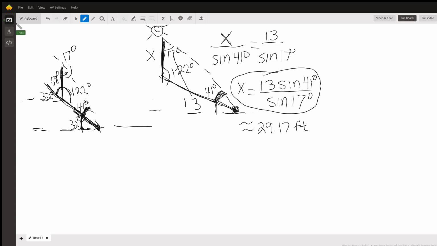Inside this triangle, part of it gets cut off by this hill, is 73 minus 32, which was only 41 degrees. That's really I think it's the key to setting up this problem where people might go wrong with it. Anyway, 13 sine 41 degrees over sine 17 degrees equals 29.17 feet.